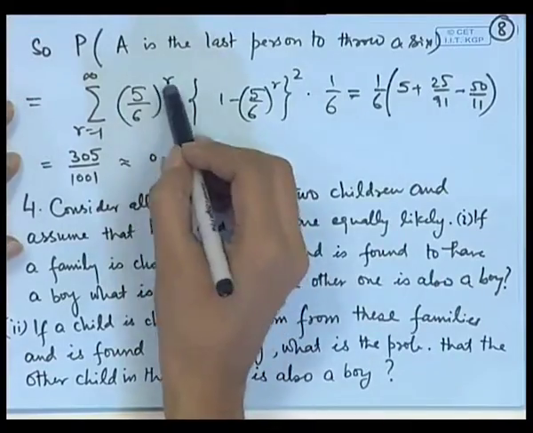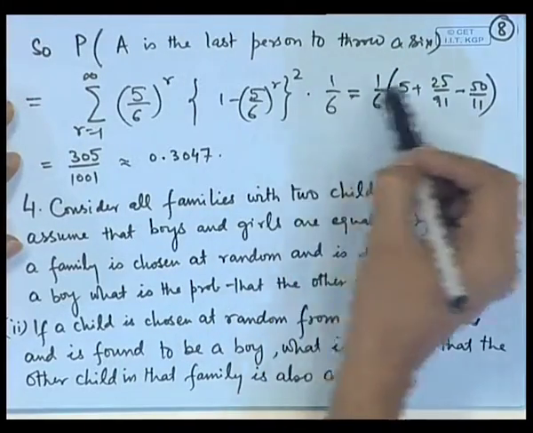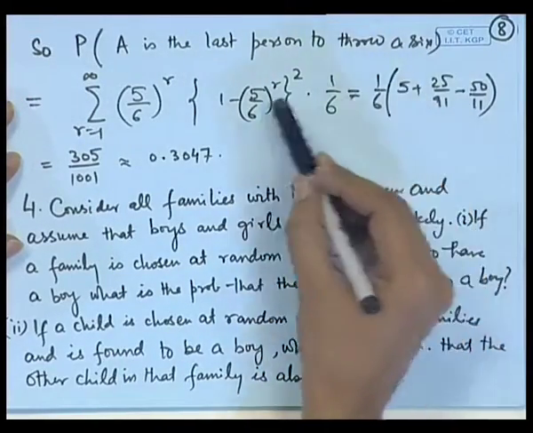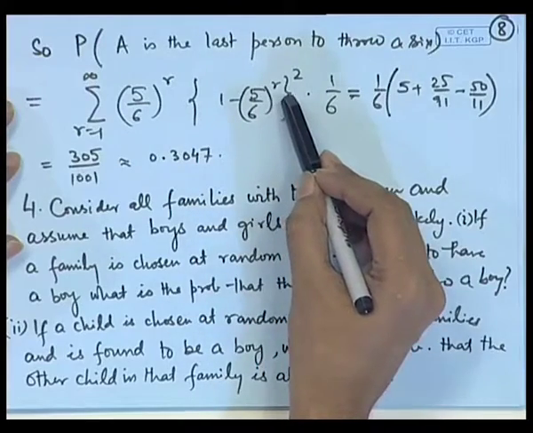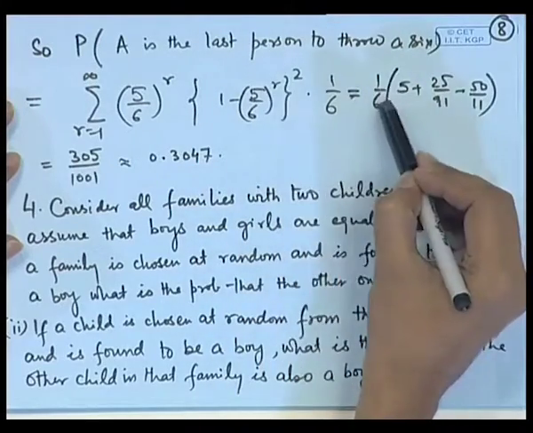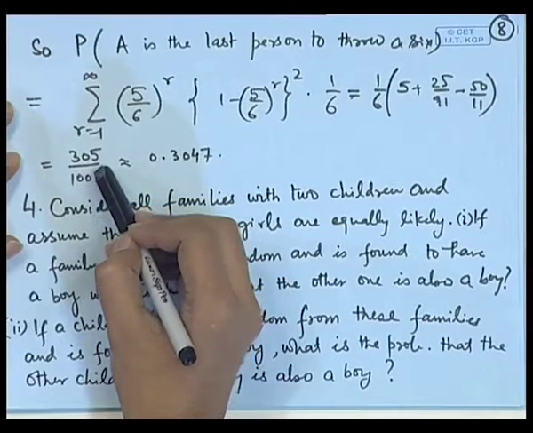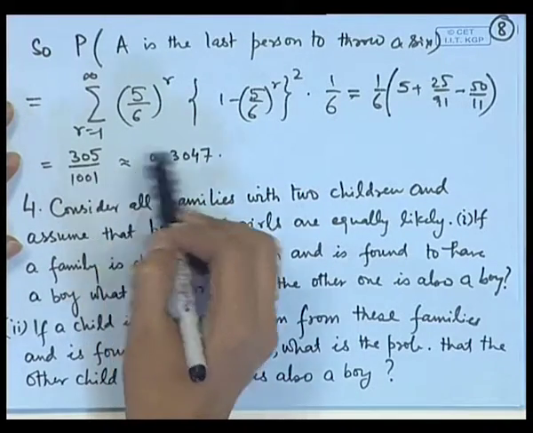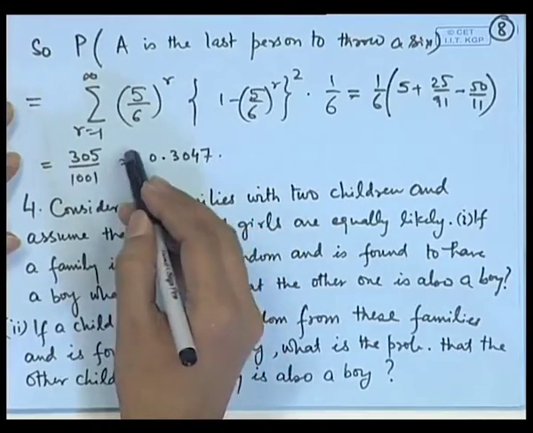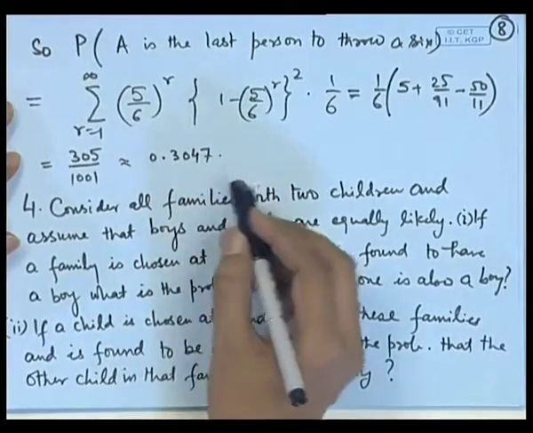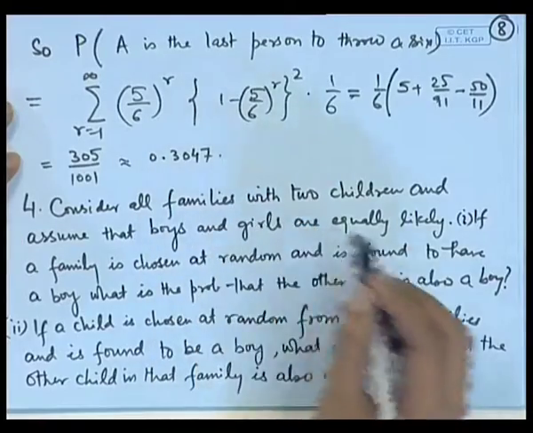So that is (5/6)^r times 1/6. So here we will get 3 infinite geometric sums, and if we add after simplification, it turns out to be 305/1001. Once again you can see that this is less than the probability that A is the first to throw a 6.